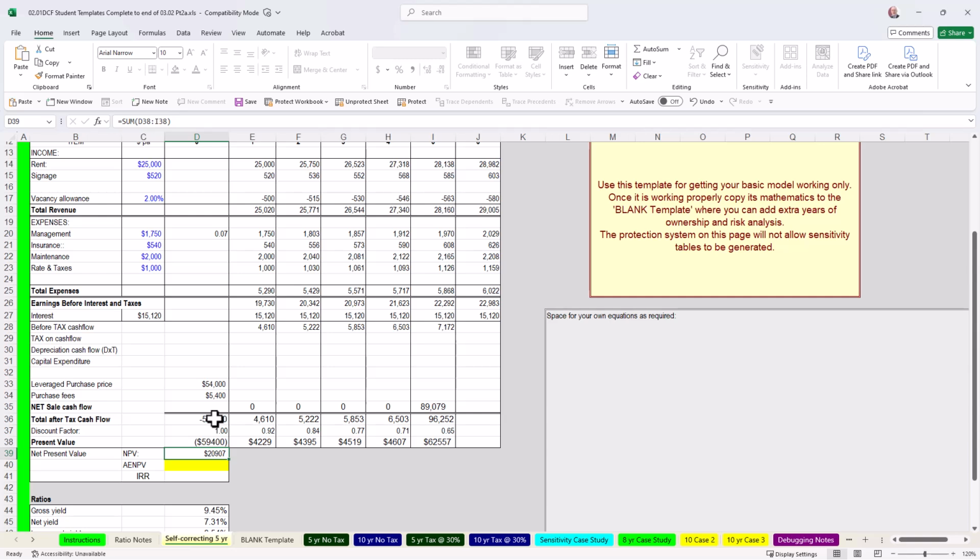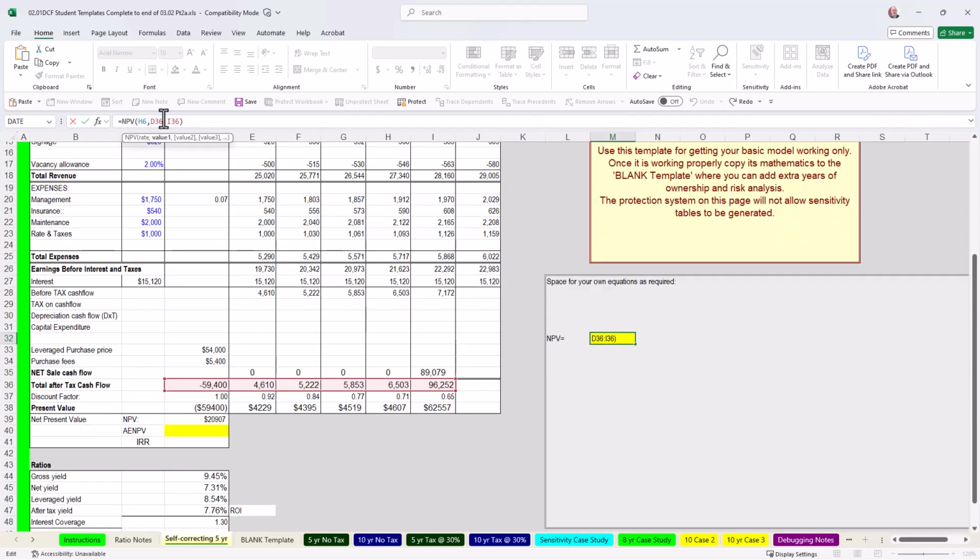There are other ways of calculating this. I'll write one of them over here to illustrate NPV. I can either put in the individual values, or I can put them in as an array.